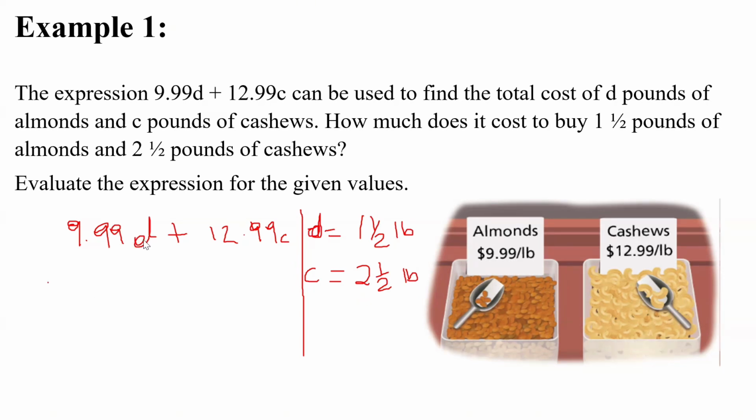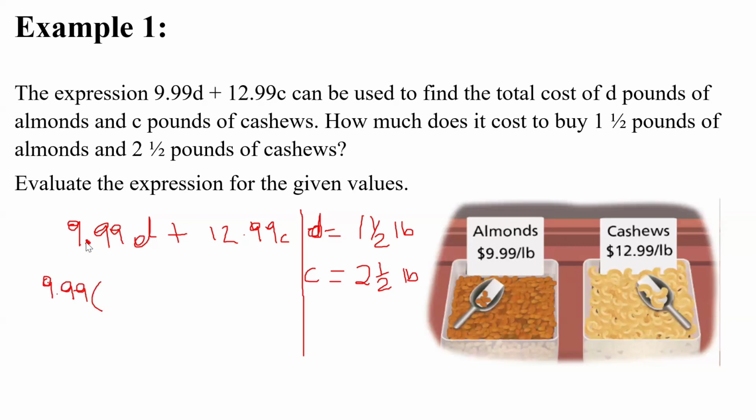In algebra, whenever you have a number beside a variable, which is called the coefficient, it basically is multiplying that variable. All right. So 9.99d means 9.99 times d. So whatever d is, you are going to multiply it by 9.99. So it's going to be 9.99. I'm going to open a parenthesis because it's going to be two numbers now.